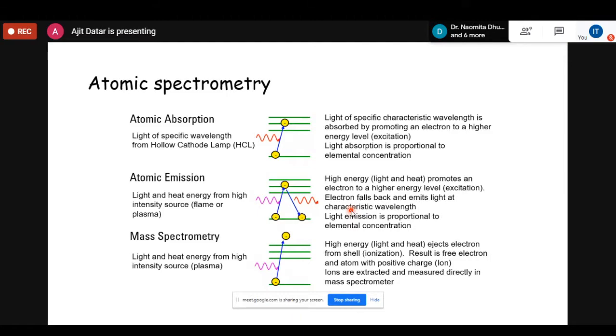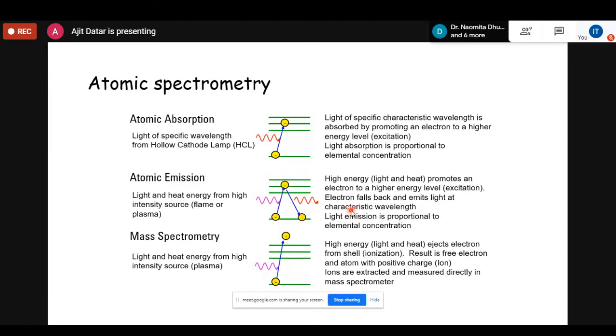If the temperature of the flame is between, say, 2000 to 3000, most of the elements form atoms, and these atoms are at the ground state. When these atoms absorb the radiation coming from a source like a hollow cathode lamp, of a particular emission line which is characteristic of the element we are trying to analyze, the electron goes from the ground level to the higher level by absorbing that particular radiation.